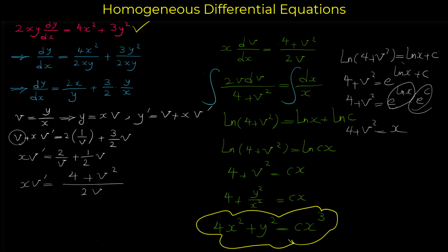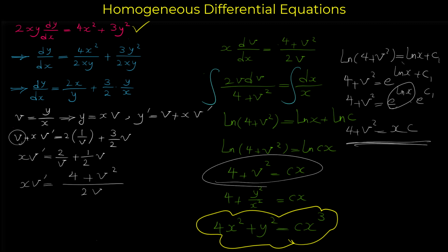Because e is a constant and c is a constant, again we can name it another constant. If we make this c1 first, we can name all of this c. Now compare this with this, you can see that they are the same: 4 plus v squared equals cx.